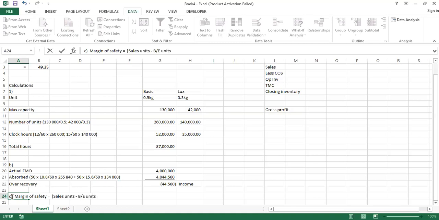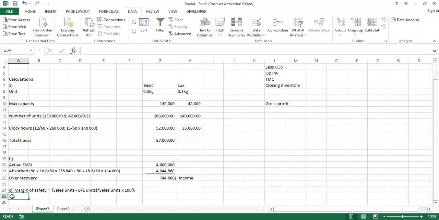Then we divide all of that by our sales units. Because it's a percentage, you multiply that by 100.